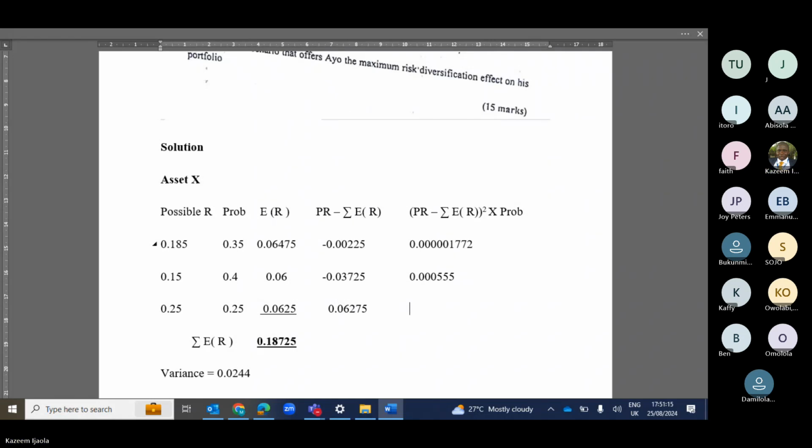Then 0.06275 raised to power 2, multiplied by 0.25. I got 0.0009844.